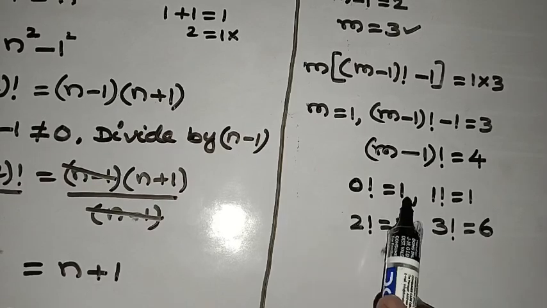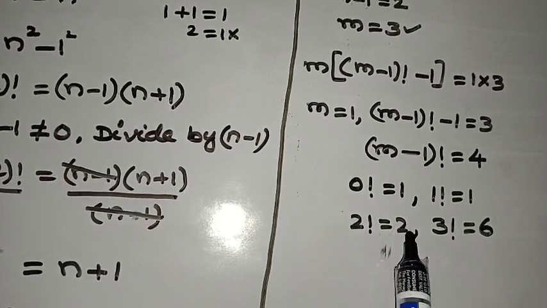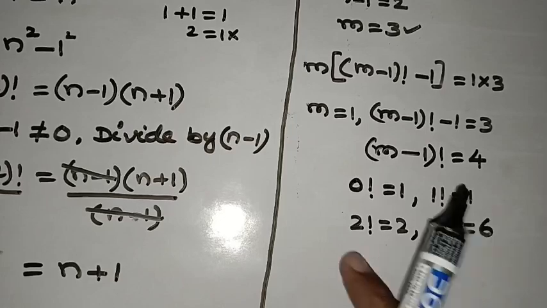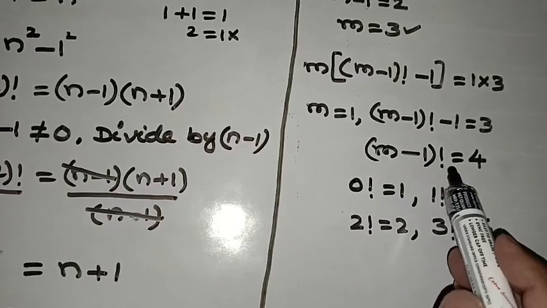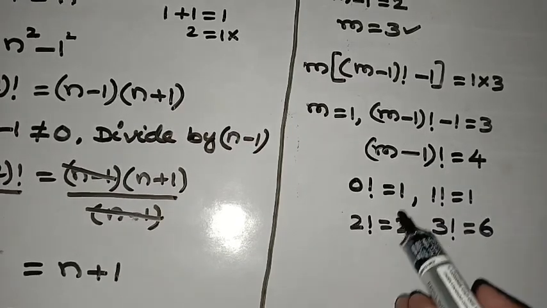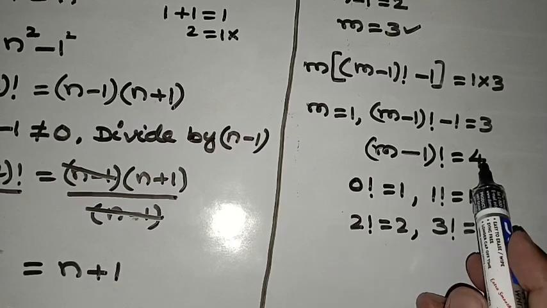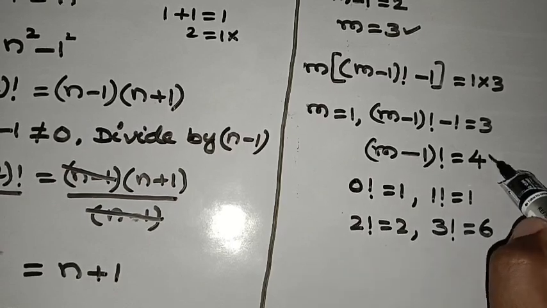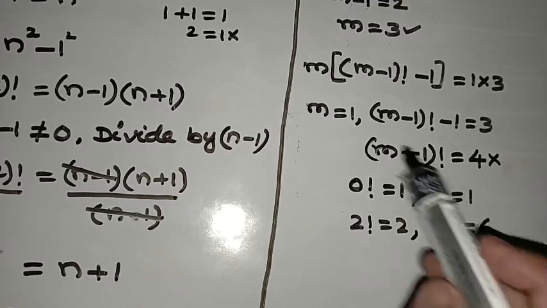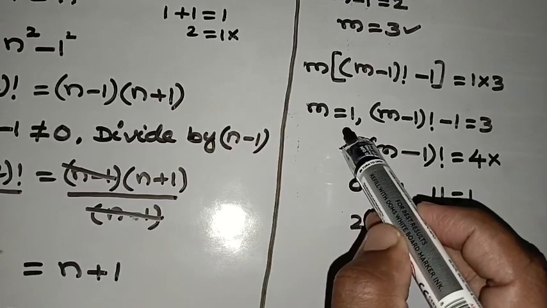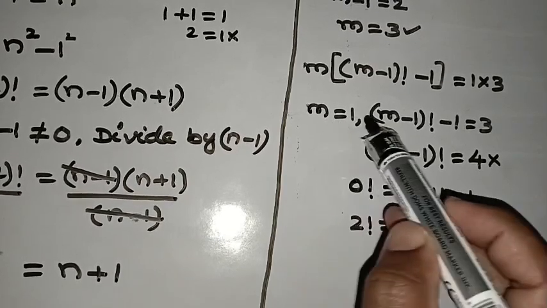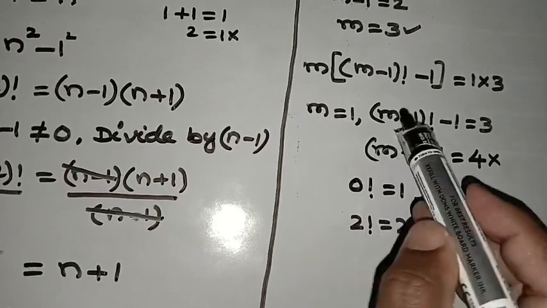So 0! is 1, 1! is 1, 2! is 2, 3! is 6. But here the number's factorial is 4, and we have not got it. So no natural number exists whose factorial is 4. So this won't exist. Therefore this case m is equal to 1 is neglected. It is not possible.